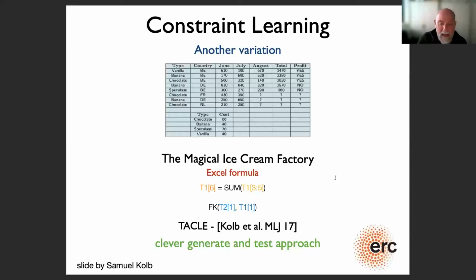And here you see, for instance, that certain regularities hold, like the total is the sum of the three columns, and you can say T16, so that's the sixth column in table 1, is actually the sum of the columns 3 to 5. You can also see that there is this foreign key relation between this type that occurs in the top table and in the bottom table.